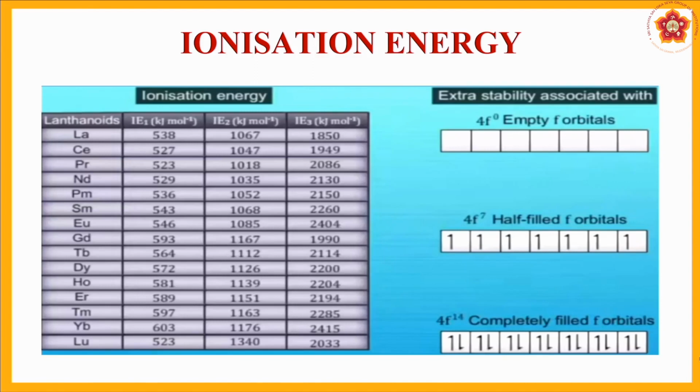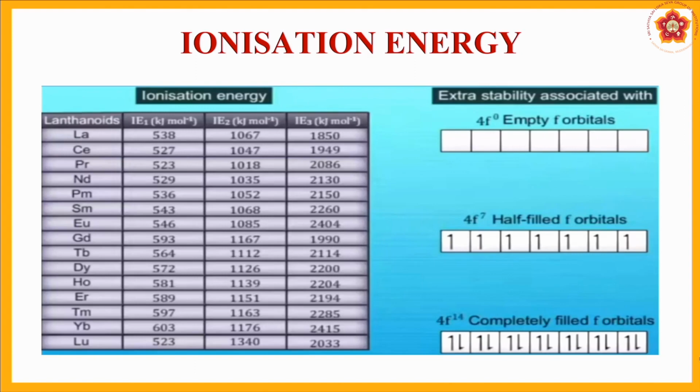Here we have to remember that there is a shielding effect offered by f block elements. So this f orbital may offer shielding effect. What is that? Empty orbital, half filled orbital, completely filled orbital. We already know that these offer extra stability, whether empty, half filled or completely filled.